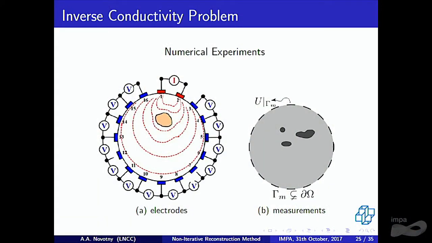So in order to fix the idea, let me show a simple example. Again, in two dimensions. Here we have a synthetic EIT problem, where the red electrode represents Q, capital Q. It means we have a pair of electrodes. One is for injection of electrical flux. The other one is to drain.